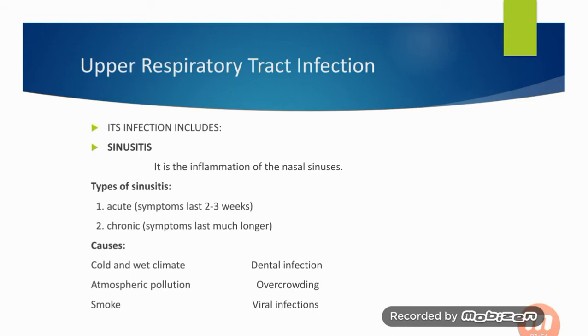Sinusitis consists of two types, acute and chronic. Acute sinusitis lasts for 2 to 3 weeks, and the chronic one lasts much longer.